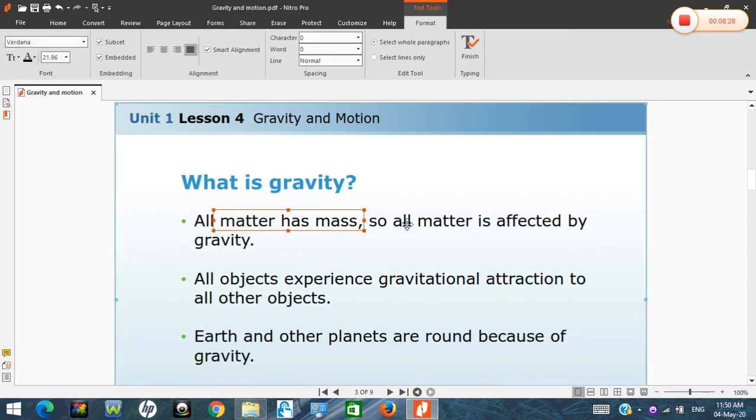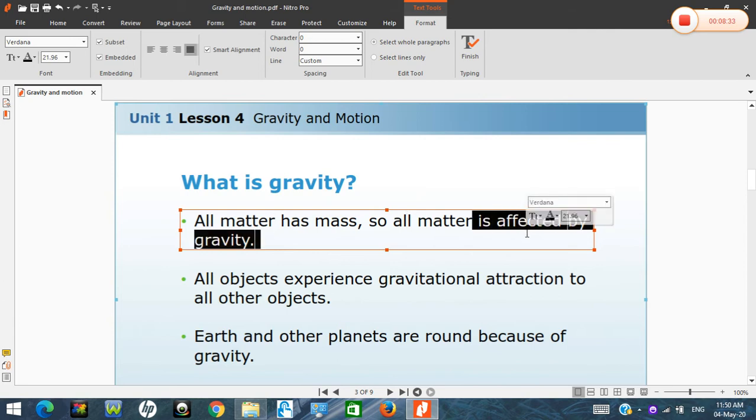So all matter is affected by gravity. It's very easy. Again, all matter has mass, so all matter is affected by gravity. The question is, does the gravity force increase or decrease by increasing or decreasing the mass?